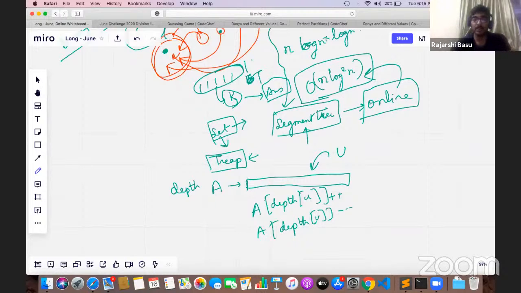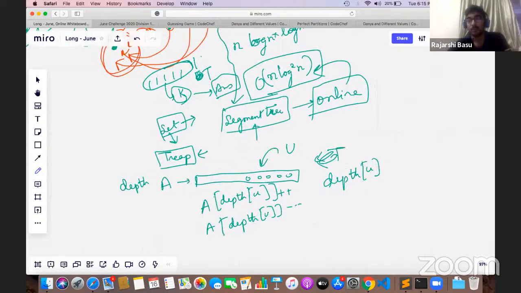Well, remember that all the elements in your segment tree are representative elements, whatever element you are logically storing, not physically, logically. That means there are some elements like this at certain depths. Now, if you want to query everything that is less than or equal to some t, what you are essentially going to query is this range, depth of u to depth of u plus d, where u is the current node.